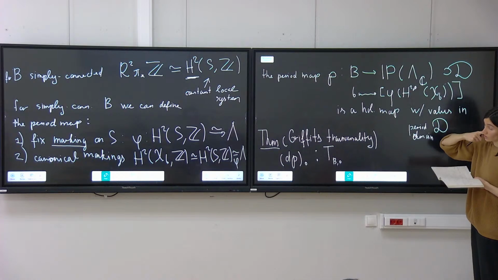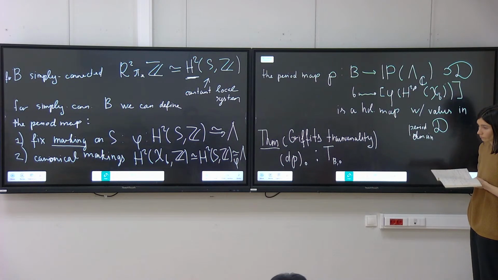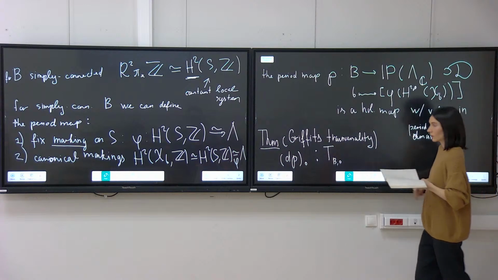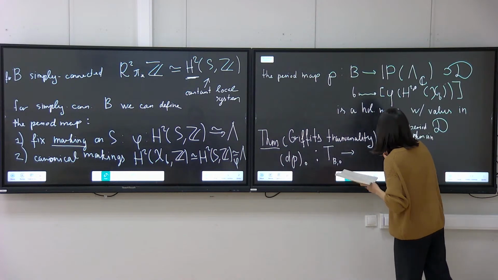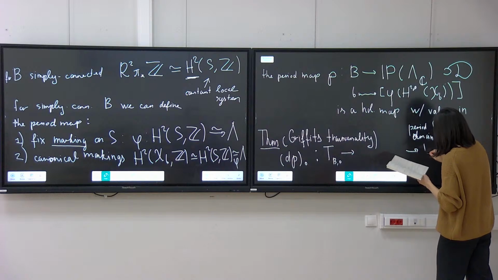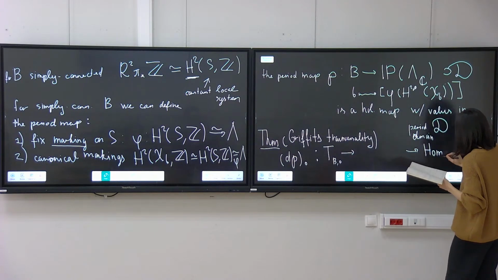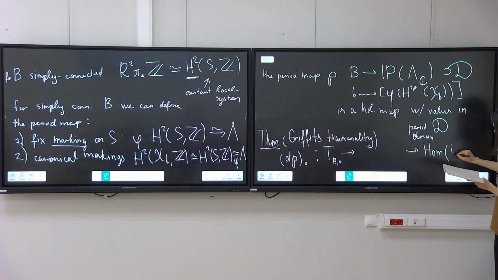What is the tangent space to projective space? It is homomorphisms from the line to V factored by the line.